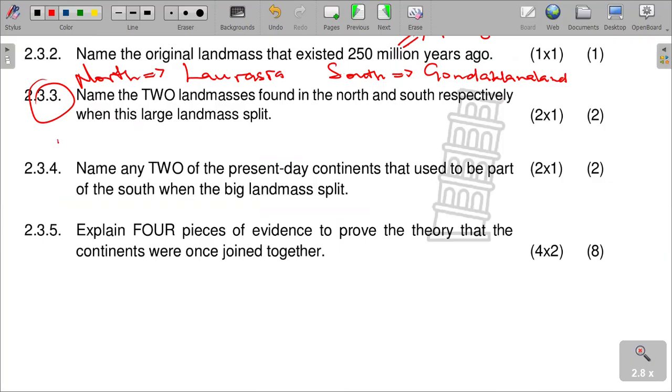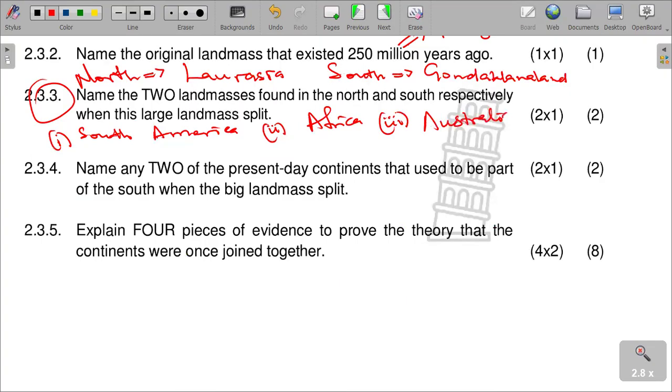We can talk about South America, and then we can talk about Africa. We can also talk about Australia. We can also talk about Antarctica.